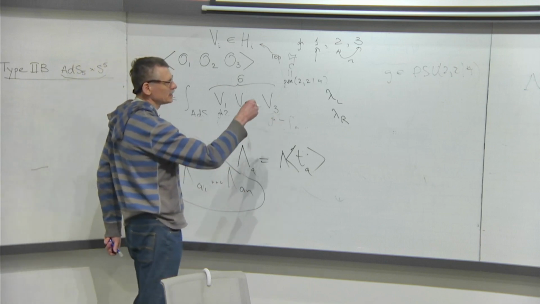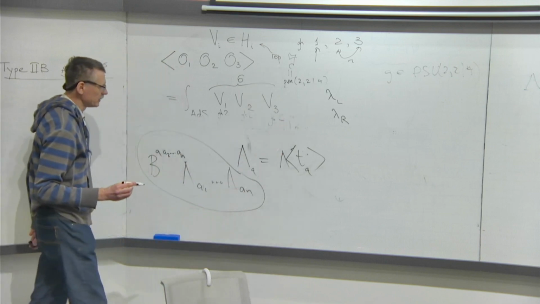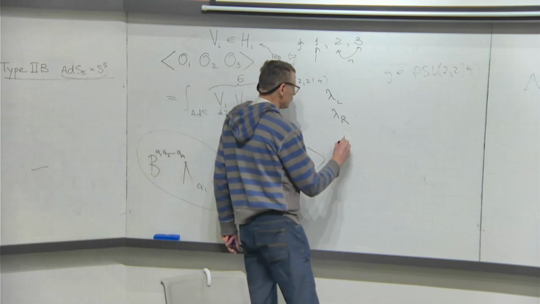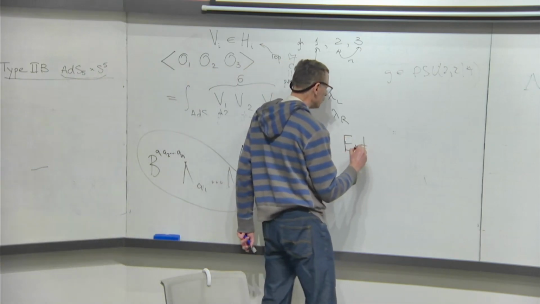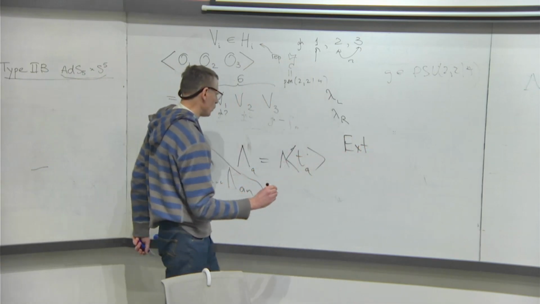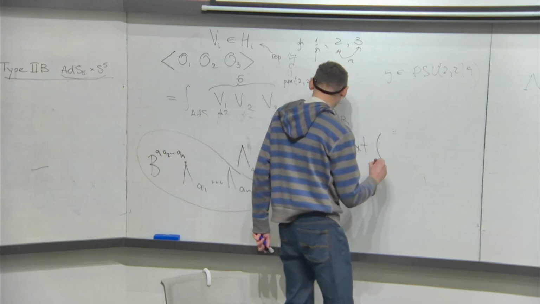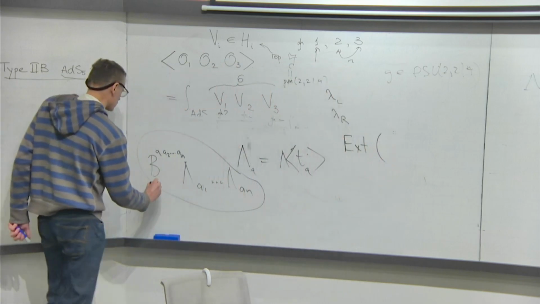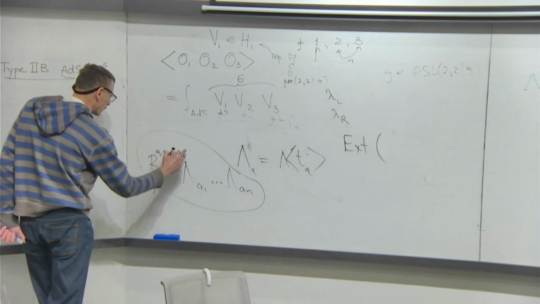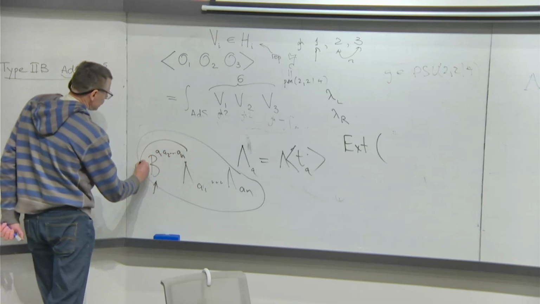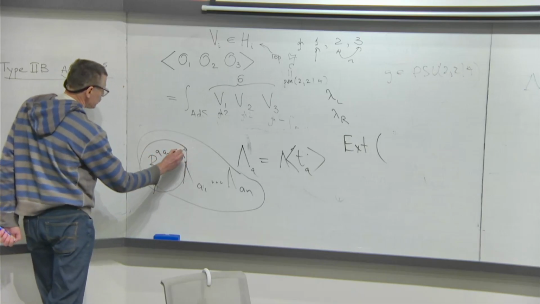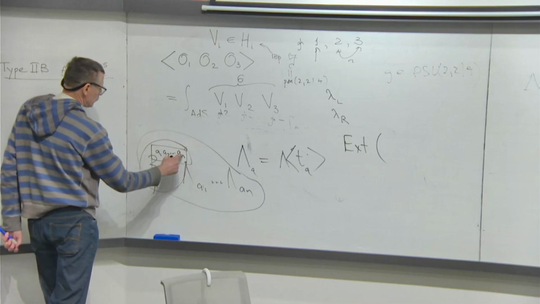So I can play this zigzag game, which I outlined, and it will give me some element of Ext, the wedge product of this representation, which is basically antisymmetric tensors of rank n.